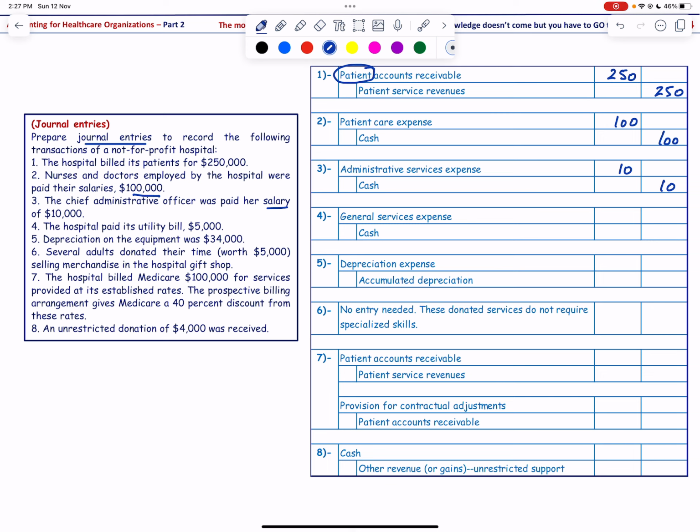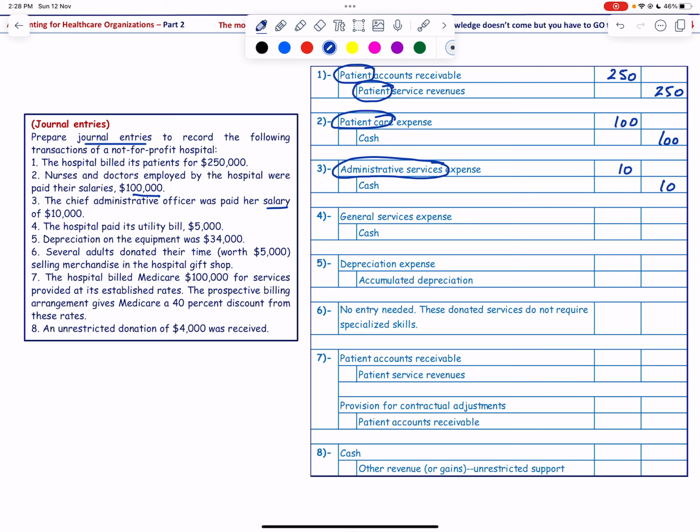We don't record service revenue, rather we record it as patient service revenue. We don't say salaries, we say patient care expense. We don't say salary for chief administrative officer, rather we say administrative services expense. So these are the things we need to take care of when we are recording general transactions in the case of healthcare organizations.